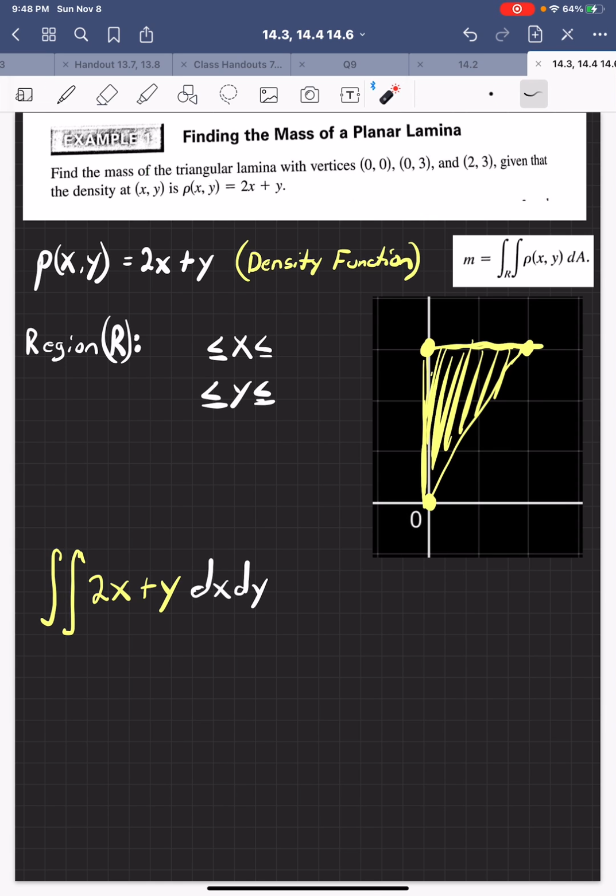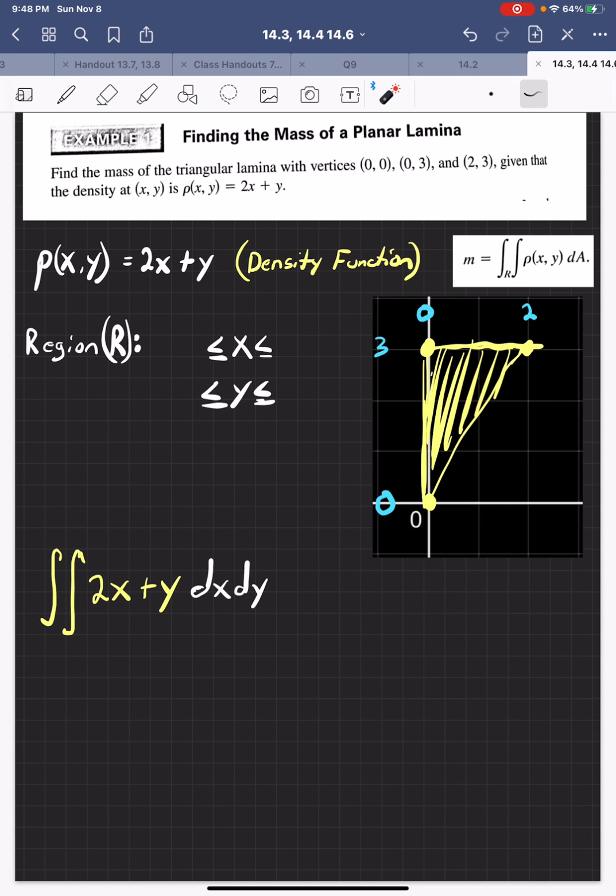So let's take a look at the geometry here. Let's start with the x. So x starts at 0 and stops at 2. Y starts at 0 and stops at 3.